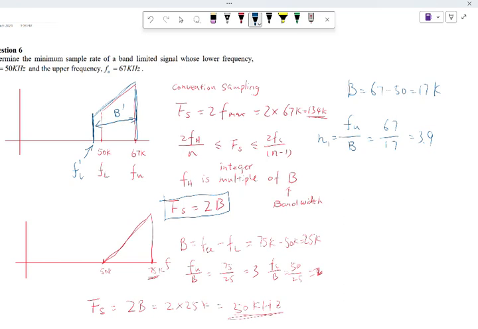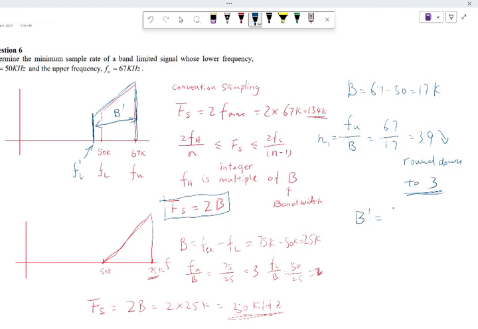If you want a larger B than the current 17, then n must be rounded down, so we round it down to 3. If the multiple is 3, what is the new bandwidth?